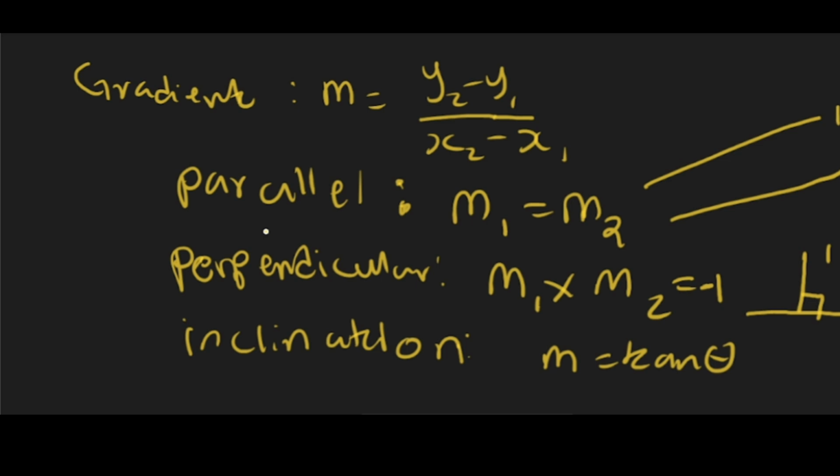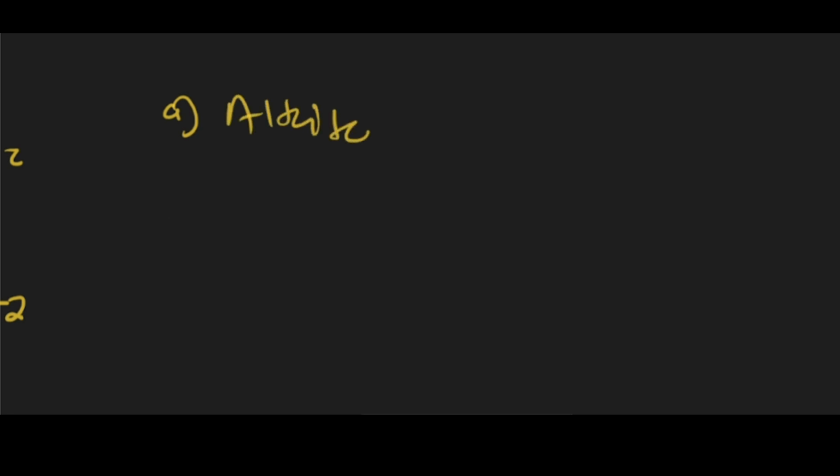There are also a couple of lines that you need to take note of if you are doing analytical geometry. Some of these lines are, to name A, you would have to know what is an altitude. B, you would have to know what is a median.